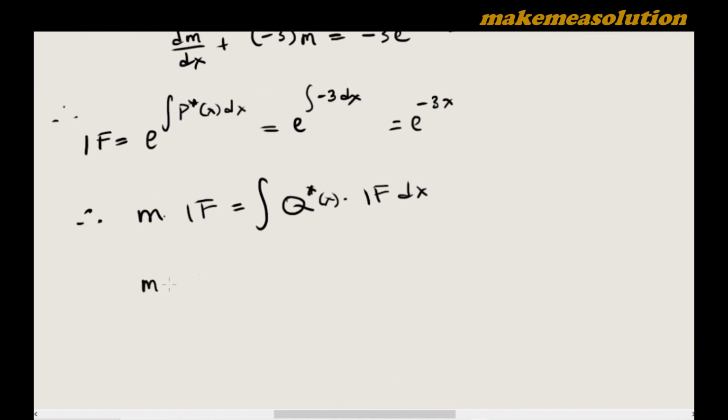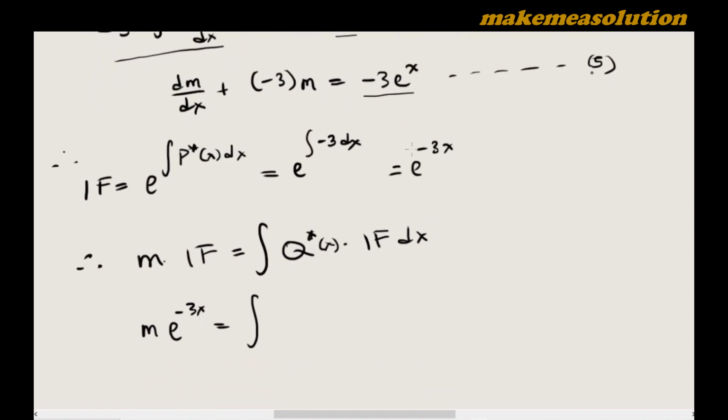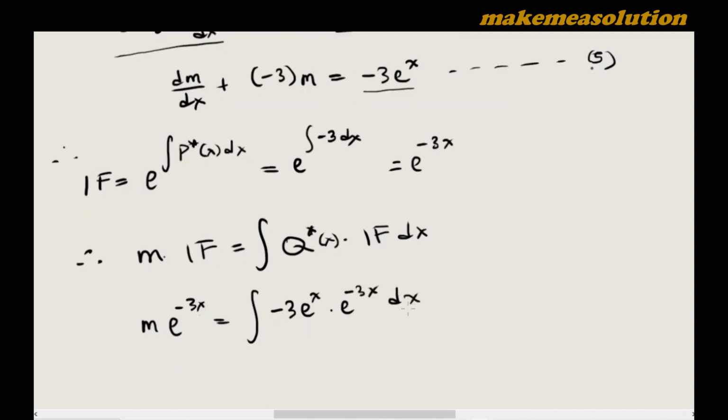So our m times integration factor will be equal to the integral of our augmented q of x, which is this one that we have over here, minus 3 exponential x, multiplied by integration factor, which is exponential minus 3x dx.